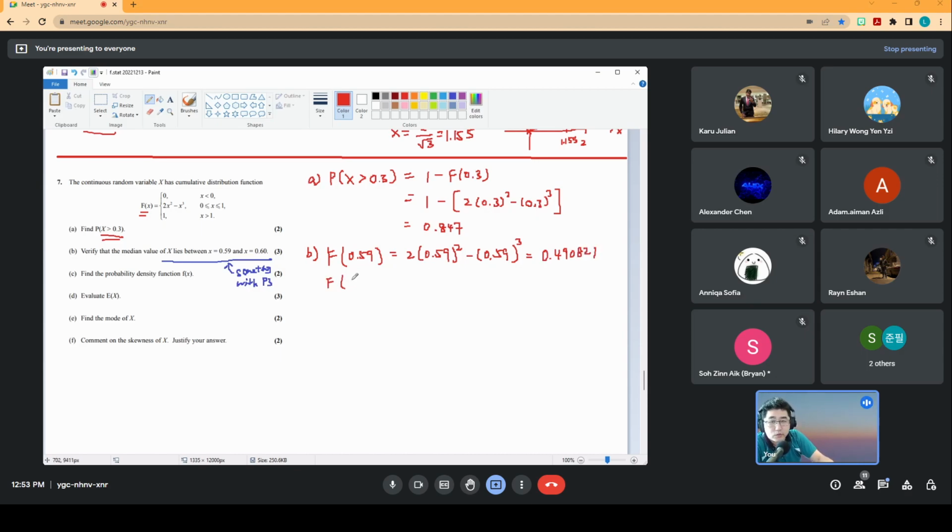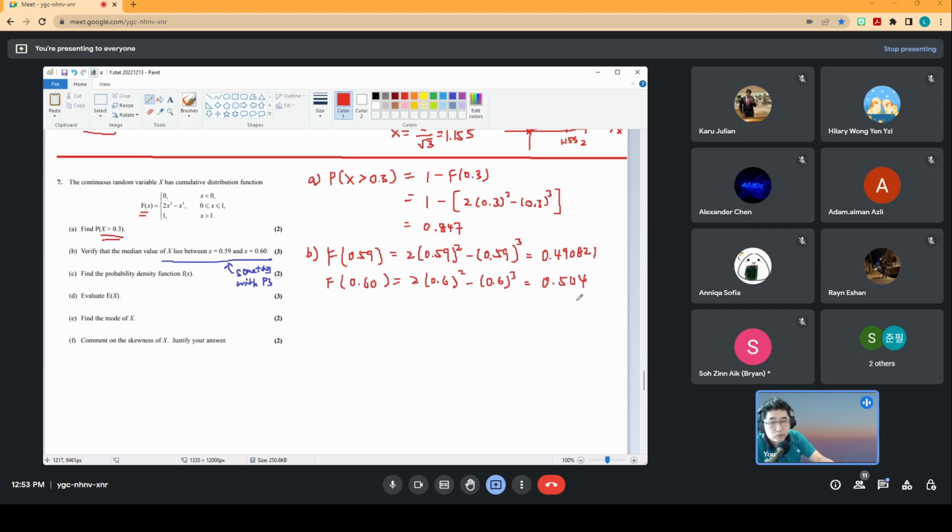And when I substitute 0.60, 2 times 0.60 squared minus 0.6 to the power 3, I have the value 0.504.